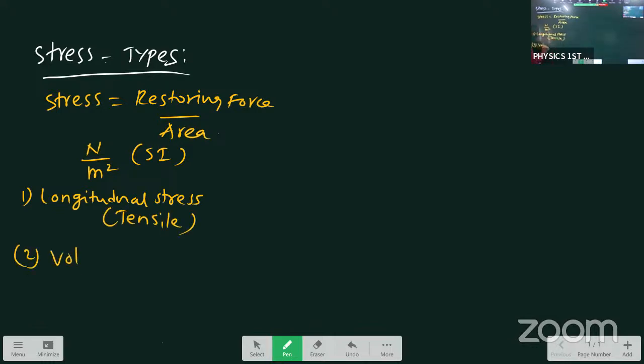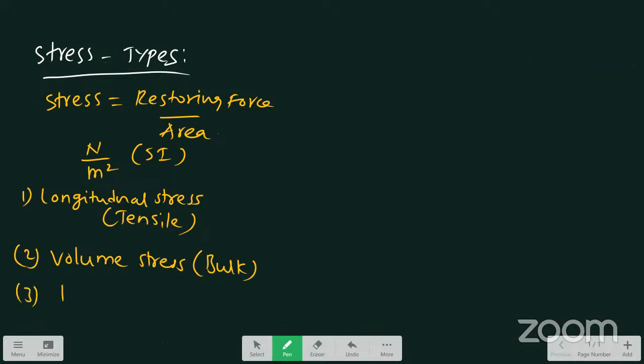Next, volume stress, nothing but bulk stress. Third one is tangential stress, also called shearing stress. Total 3 types of stress available.